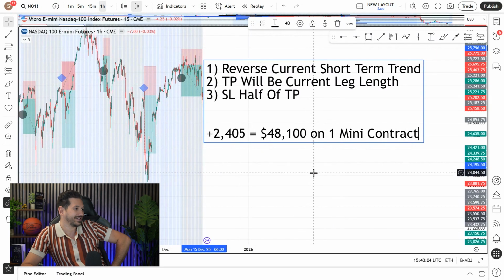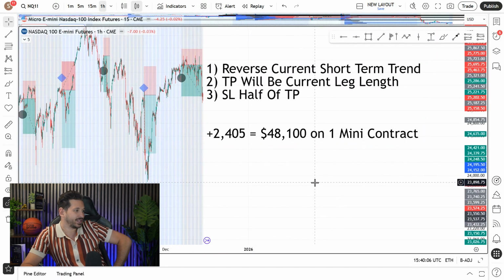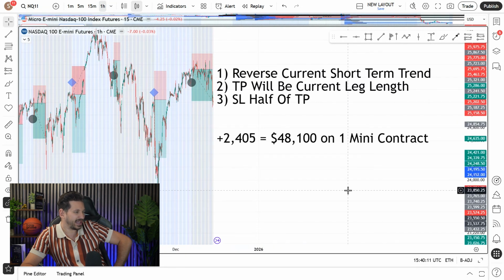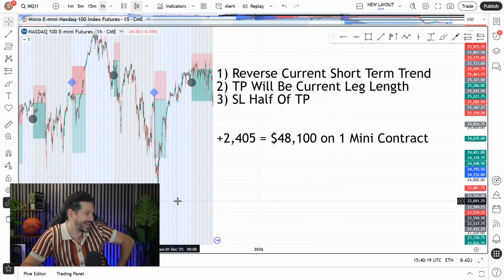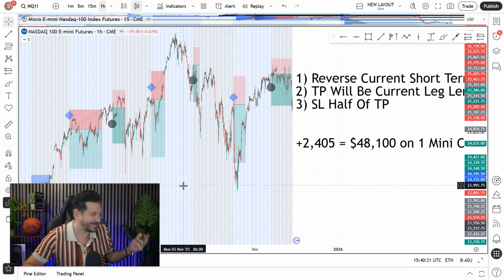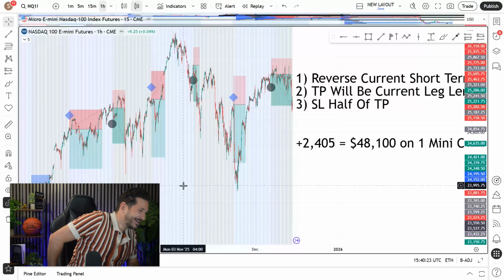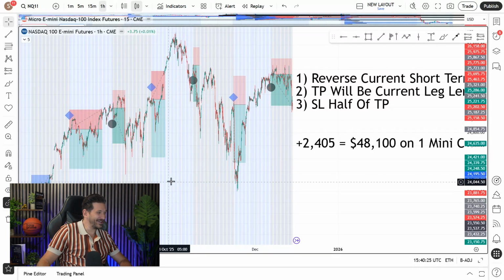That's insane. That's absolutely mental. Now, of course, there would be overnight holding, so you would have had fees and whatnot. But even if we take a third away, it's not going to be a third, but even if you just say 40 grand, that's quite insane. Following the freaking moon. What the hell is going on?